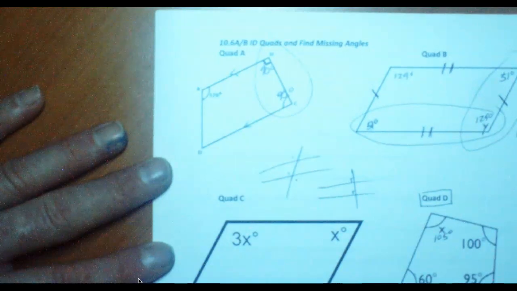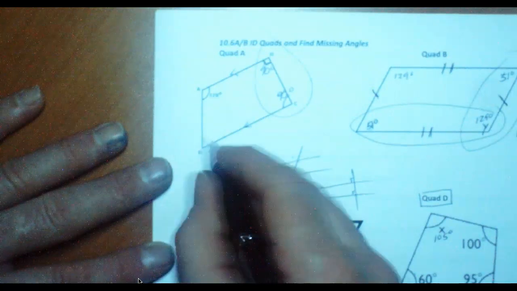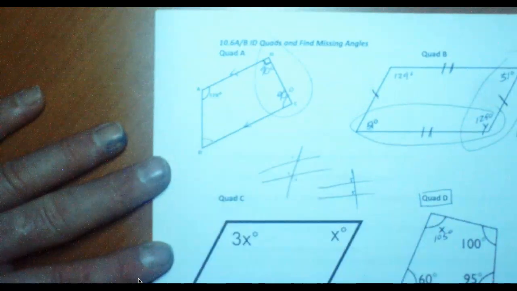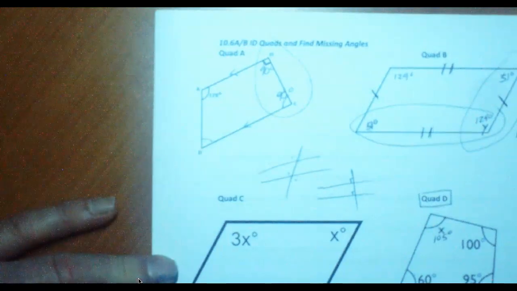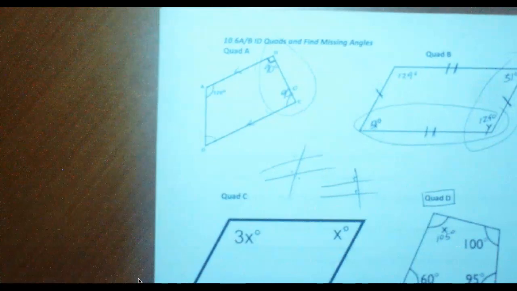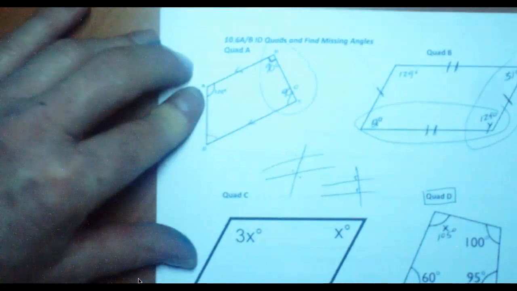All right, and then we can figure out the rest. So what is the measure of angle D, this one over here? Well, let's just put that together. We're going to say that we have 360 degrees in a quadrilateral, and we can subtract 90 for the one right angle. We can subtract 90 for the other 90-degree angle, and then we can subtract 128. And that's going to give us the missing angle, because it's 360 in total.